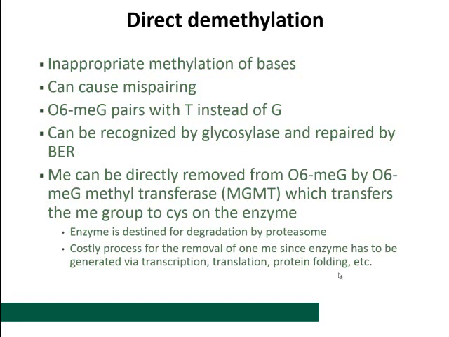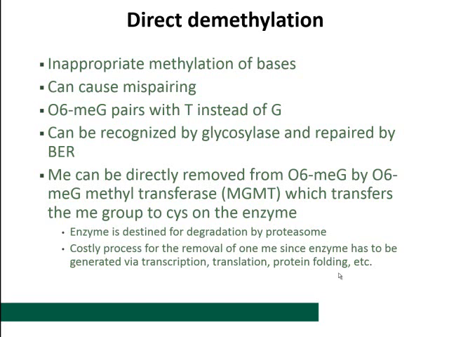MGMT is the abbreviation. This enzyme allows the transfer of the methyl group from the base that is abnormally methylated to a cysteine on the enzyme. Now, here's what happens. Once the enzyme accepts that methyl group on cysteine, that protein is destined for destruction by the proteasome.